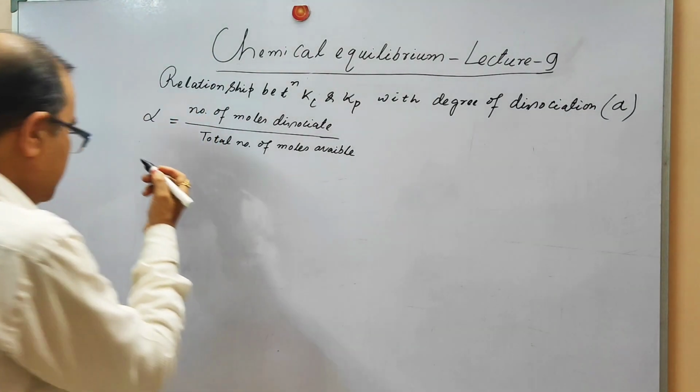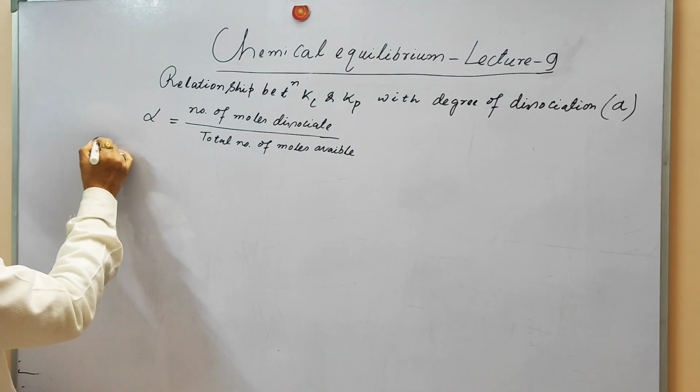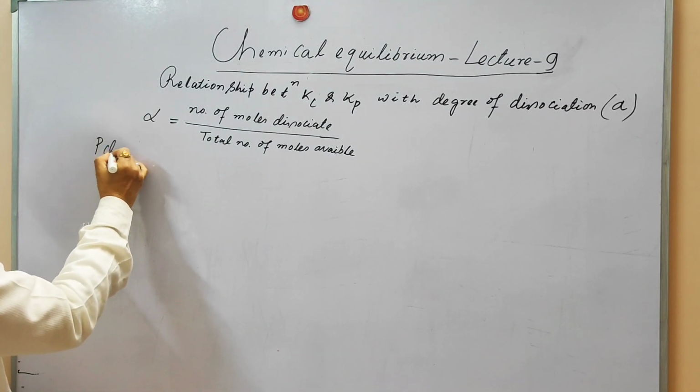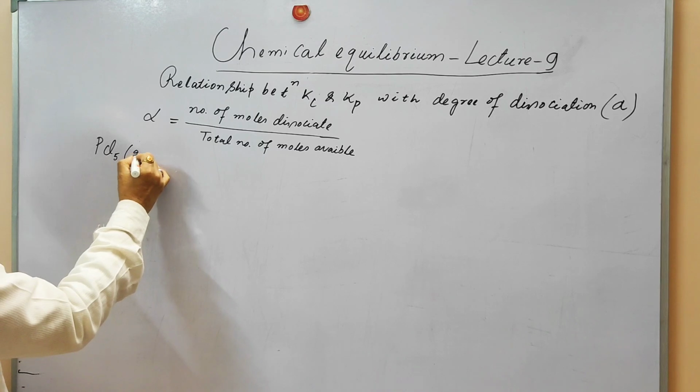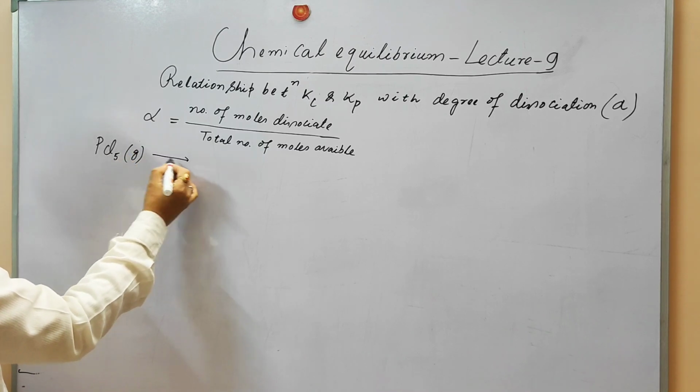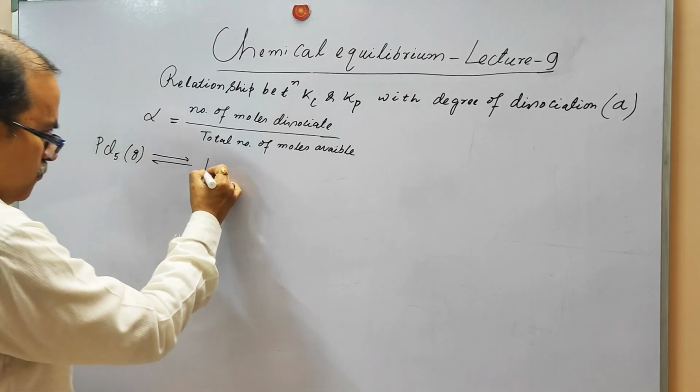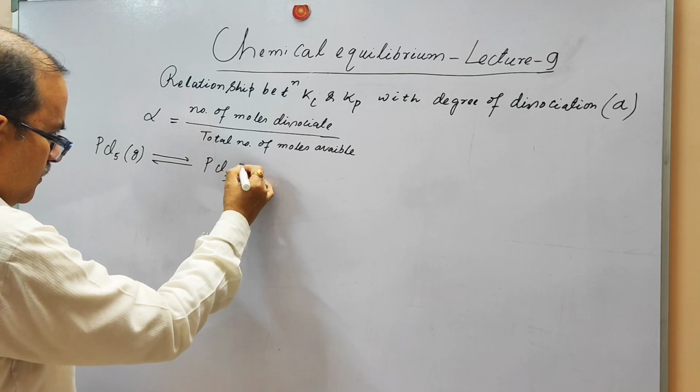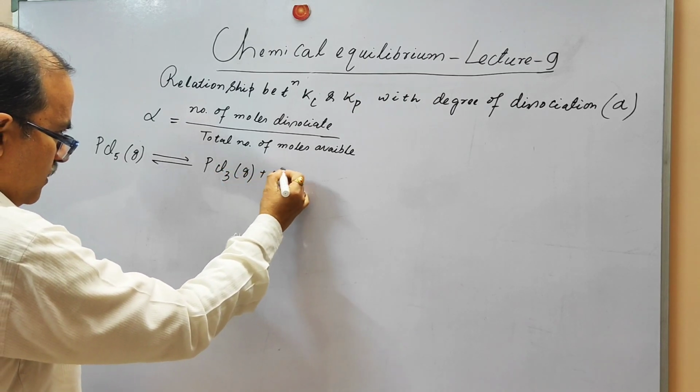So let us take one very important gaseous reaction to understand, that is PCl5 being dissociated into PCl3 gas and Cl2 gas.